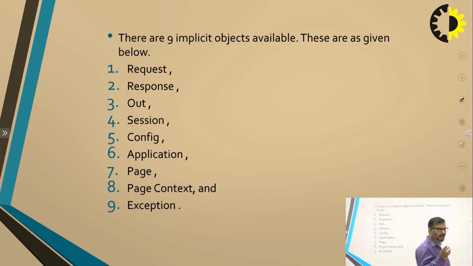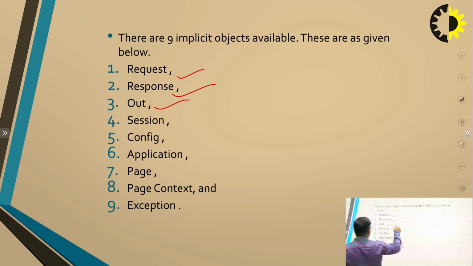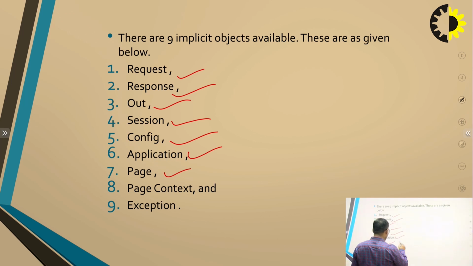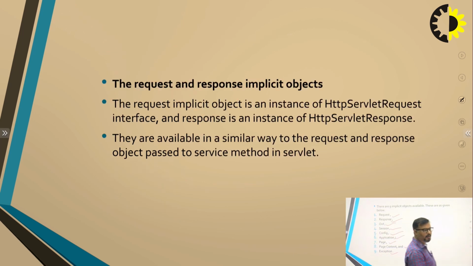So there are 9 implicit objects available, they are given below. First is request, second is response, third is out, next is session, config, application, page, pageContext and exception. Here we will discuss the 9 implicit objects available in our program.